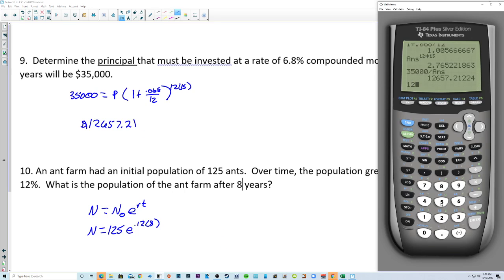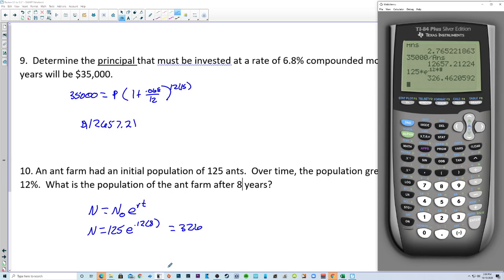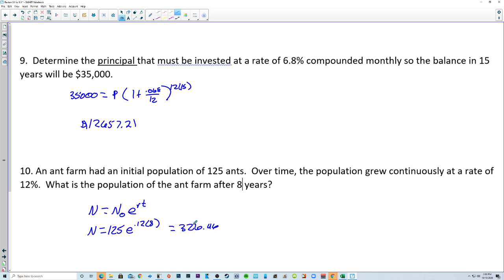So 125 times e to the 0.12 times 8. So 326, and now this is a statistic, so we can have 0.46 as an answer. Ants.